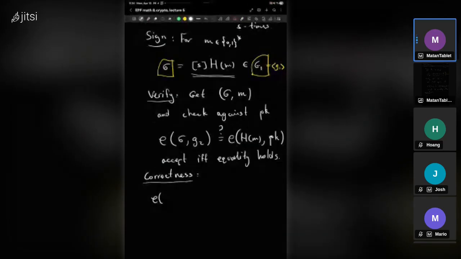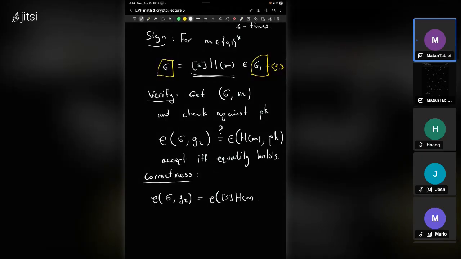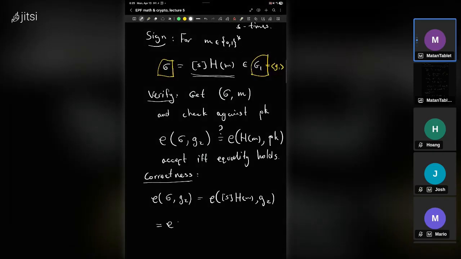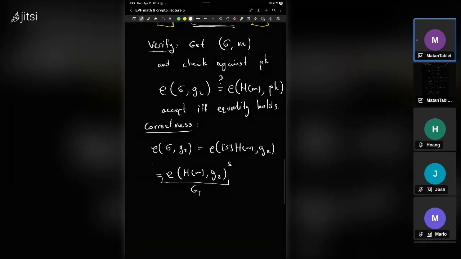I take their signature and G2, but their signature is s H(M) if they were honest. By the bilinearity, this is the same as E of H(M) and G2, to the power of s, because remember, this lives in GT, which is a multiplicative group. So this is bilinearity.